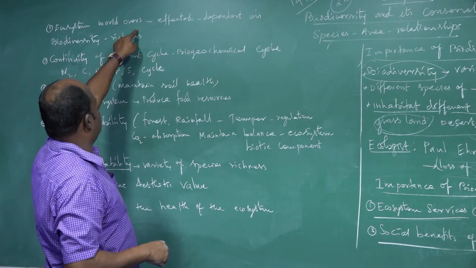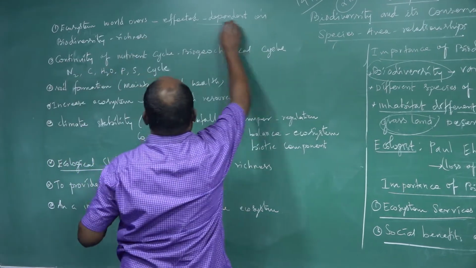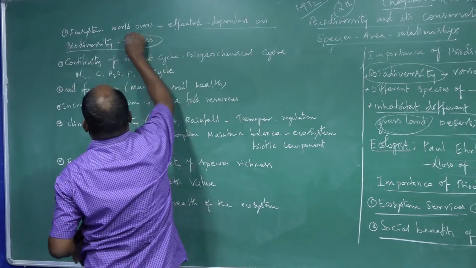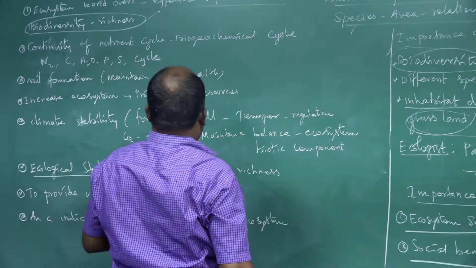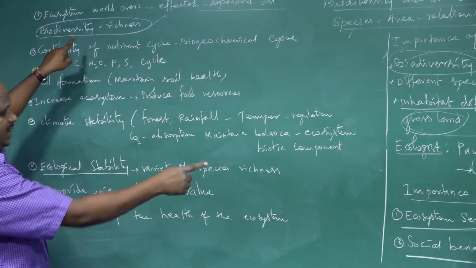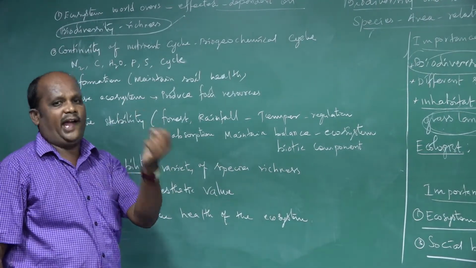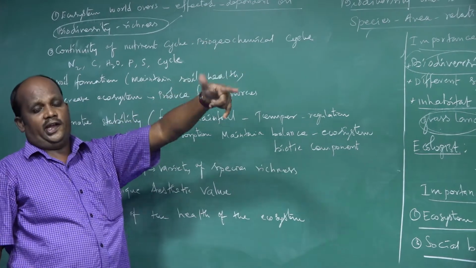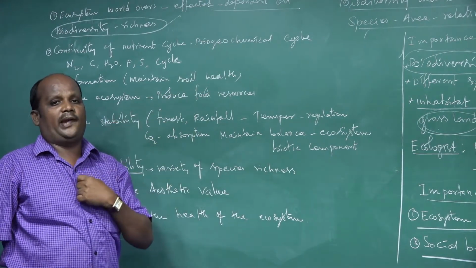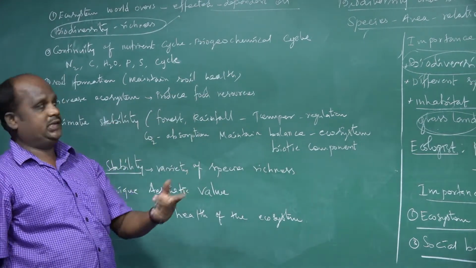ecosystems throughout the world are affected depending on the richness of biodiversity. We should carefully observe this and give more importance to biodiversity and improve it, which is more beneficial to human, animal and plant populations.